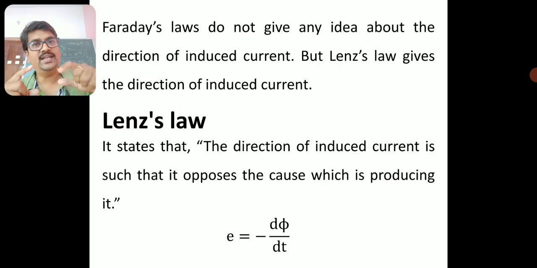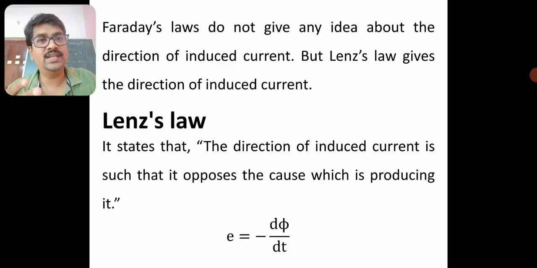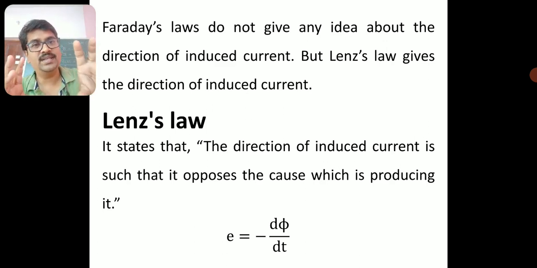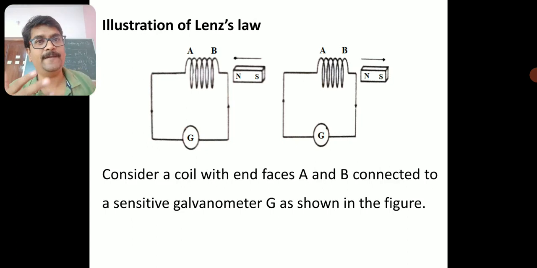So the current flows in such a way that it opposes the change in the flux. In such a direction the current flows in the circuit. Now we know that E is minus dφ/dt, because dφ/dt is the change in the flux. The E will always oppose the change in the flux. So therefore it is minus dφ/dt.